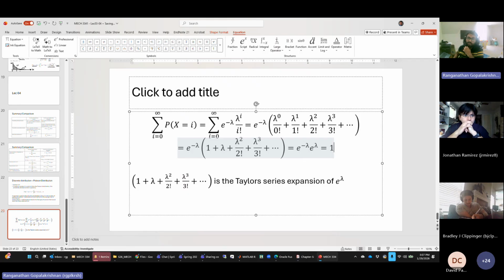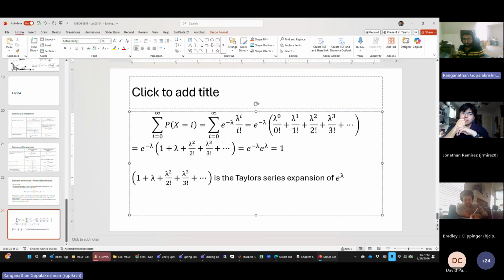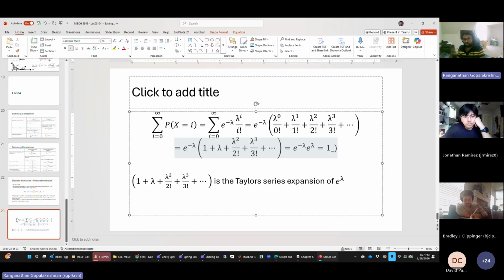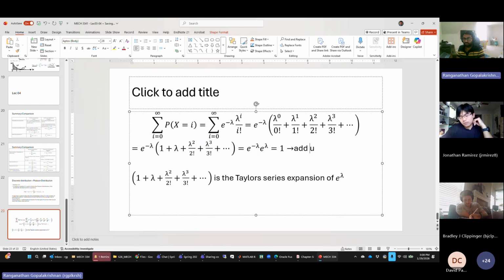So if you start the counter from 0 and keep counting to infinity, all the probabilities will add up to 1. That's what this proves. So this is good, which means this checks out and all the probabilities add up to 1.